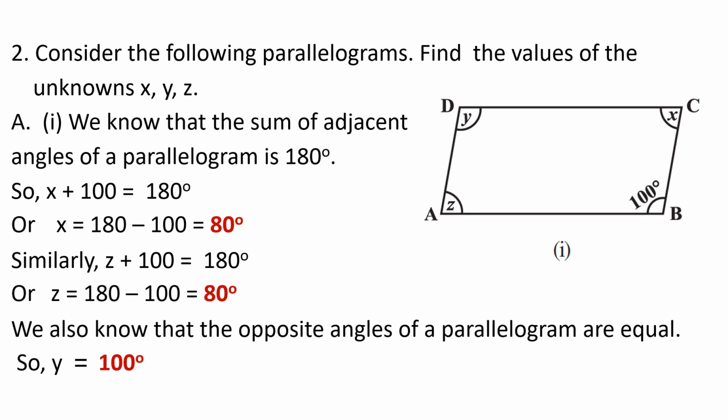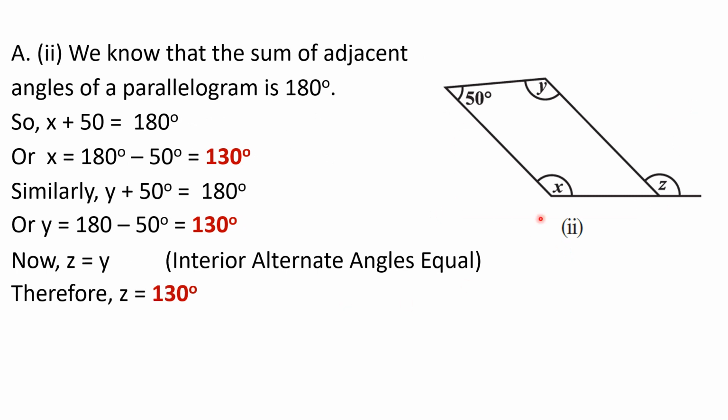Next part now. Part number 2. Slightly different now. So first we use that property. We know that the sum of adjacent angles of a parallelogram is 180 degrees. So x is adjacent to 50. So x plus 50 is equal to 180 degrees.